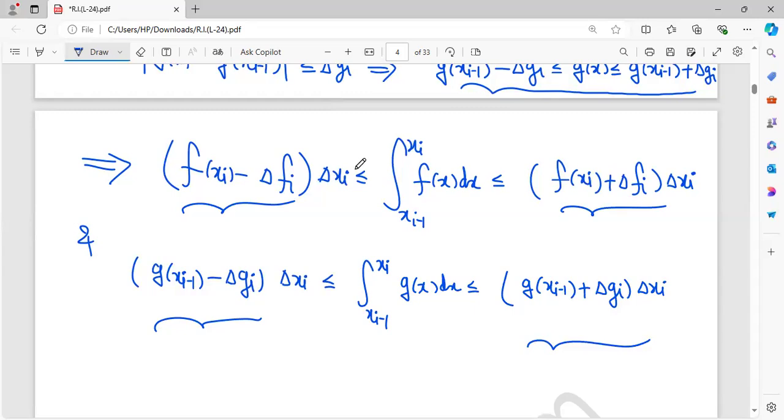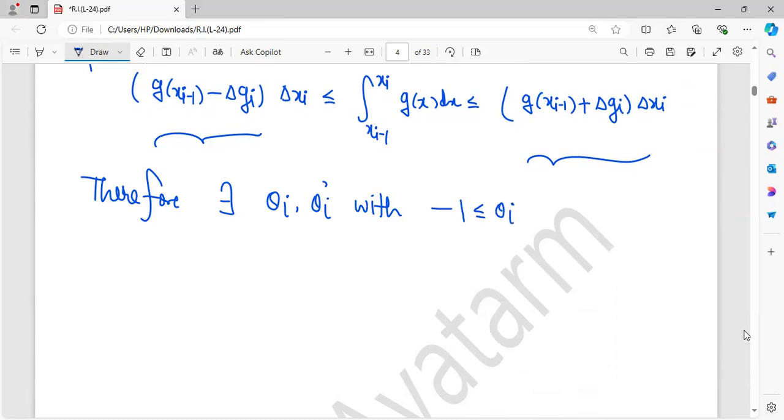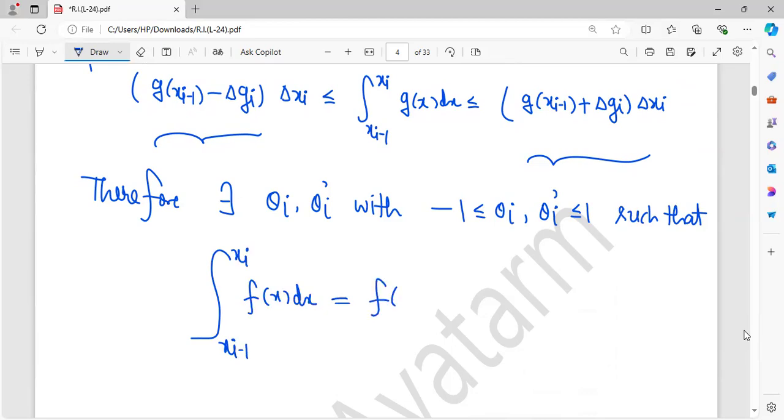So therefore, there exist theta I and theta I dash with minus 1 less than or equal to theta, both lying between minus 1 and 1, such that the integral from Xi minus 1 to Xi of Fx dx is nothing but F(xi) plus theta I delta Fi.